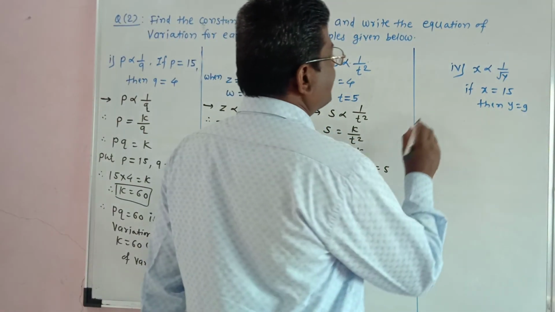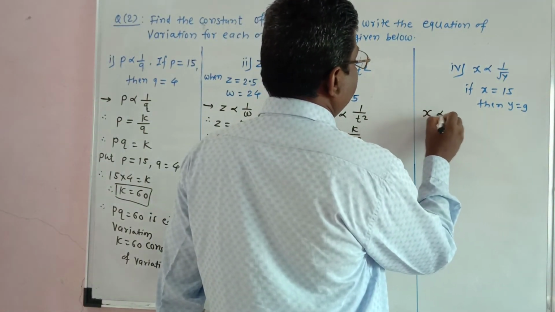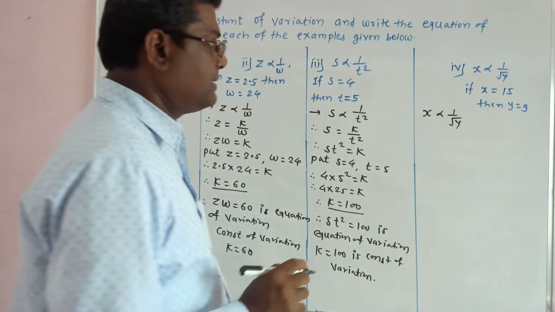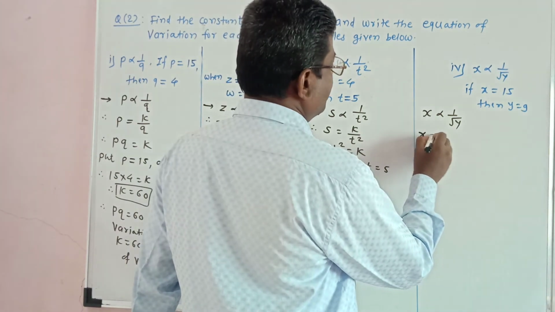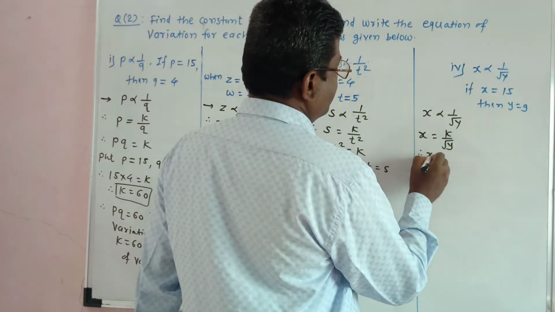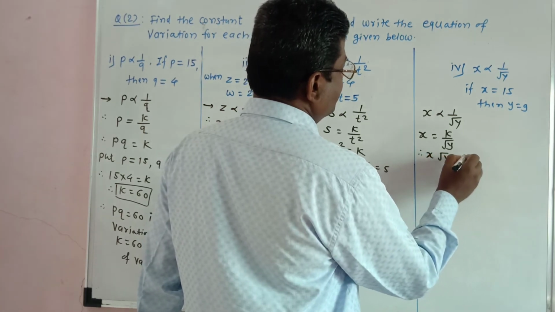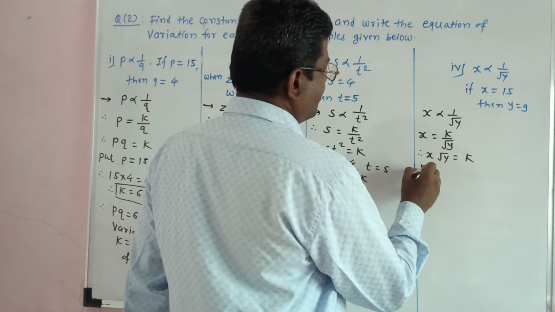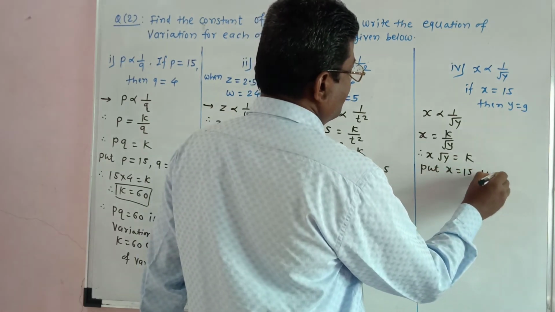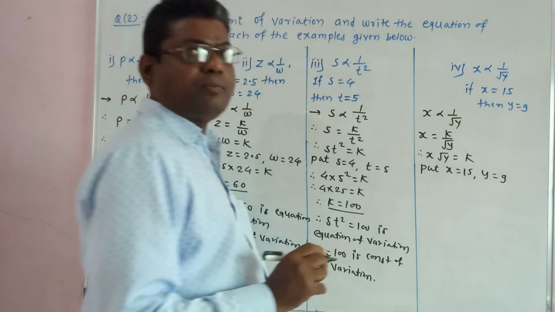Now example number 4. X is inversely proportional to square root of y. Therefore, X is equal to K upon square root of y. Therefore, X into root y is equal to K. Now put X is equal to 15 and y is equal to 9 in the above equation.